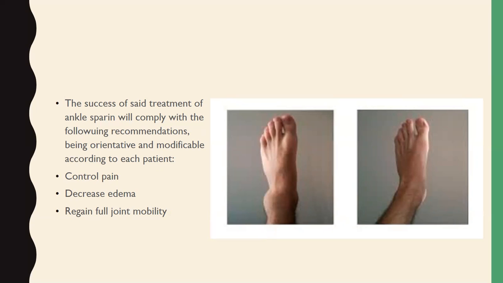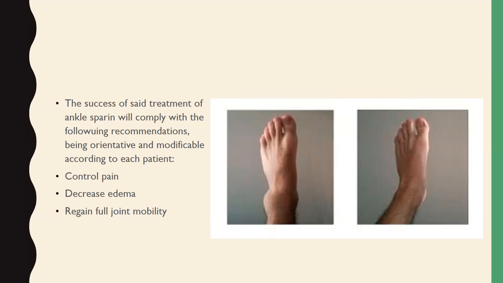In phase one, the aims of treatment include resting and protecting the ankle to allow healing, preventing further injury, and controlling pain and inflammation. Rest, protection: brace, bandage, splint, or crutches; and control of inflammation: ice, compression, elevation.